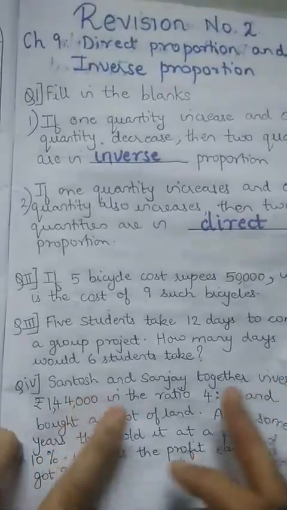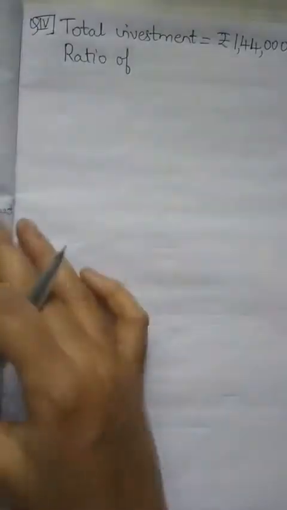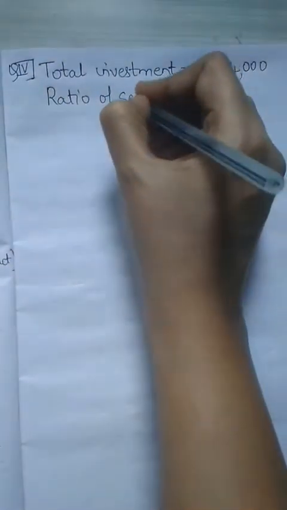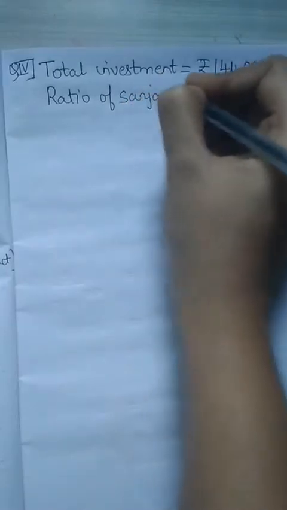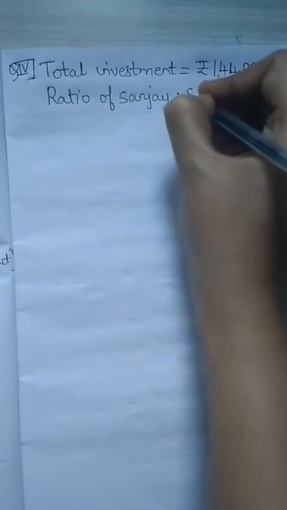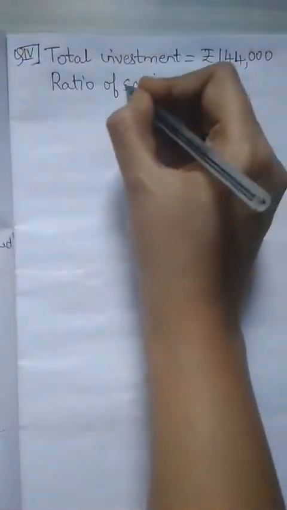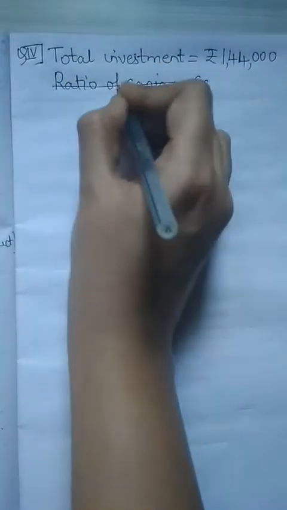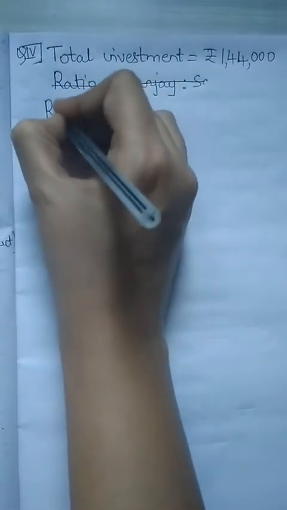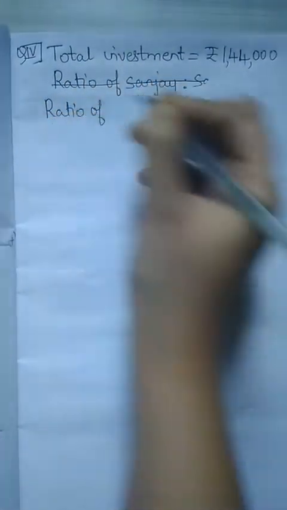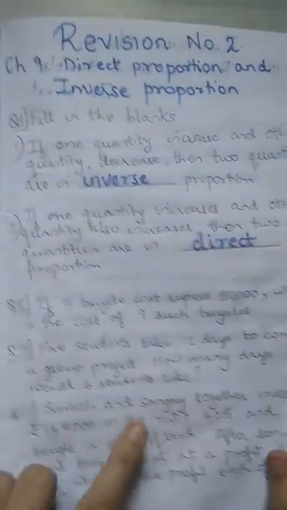What else is given? Ratio is given. Ratio of Sanjay to Santosh? No, it is Santosh to Sanjay. I will make a correction here. The ratio of Santosh is given first and Sanjay second.